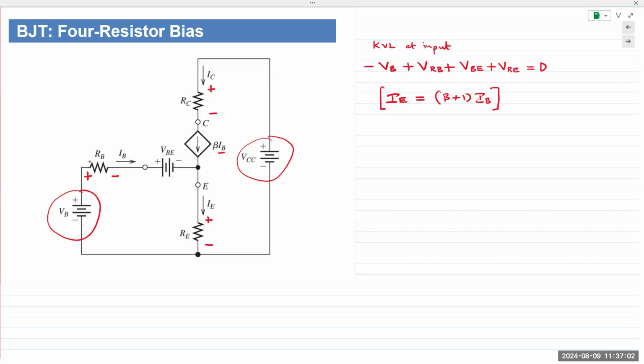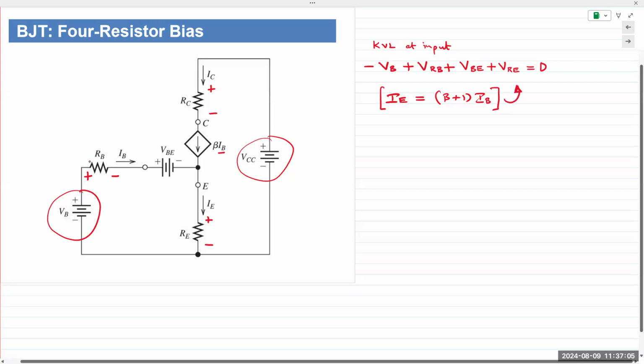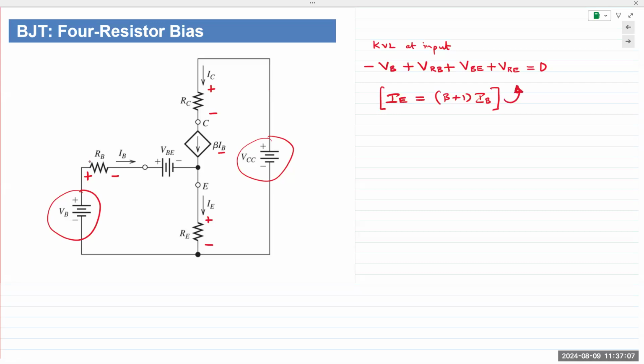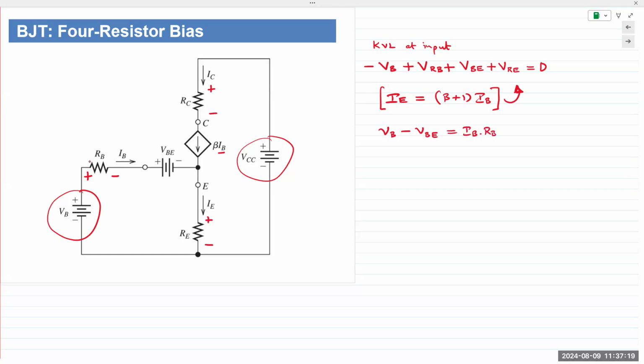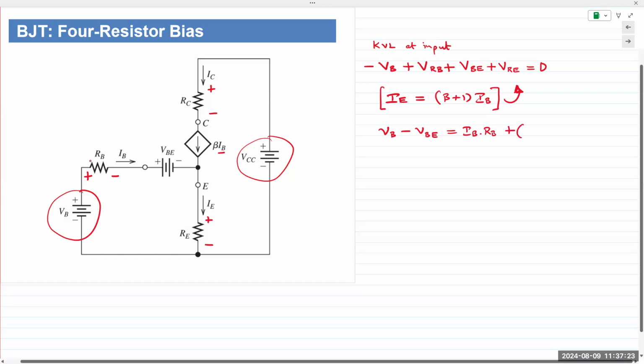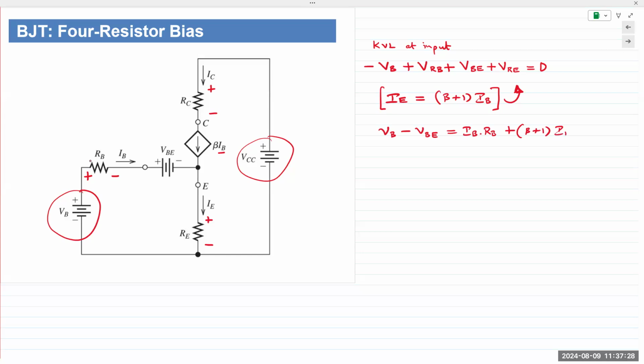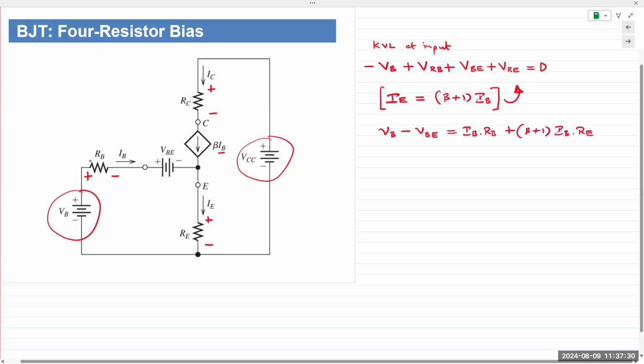So we plug that into the above expression. What do we get? We get VB minus VBE equals IB RB plus beta plus 1 times IB times RE. Okay.